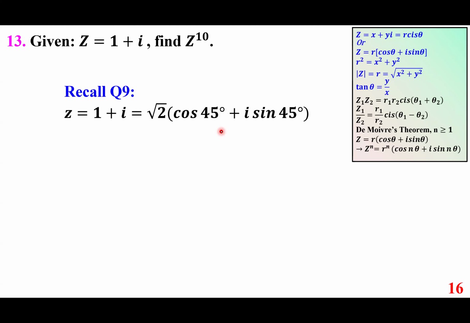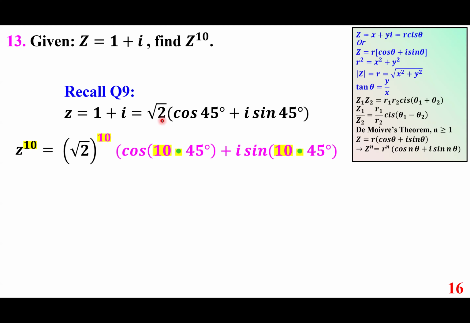But now we have a chance to raise this to the power of 10. So if I want to raise this to the power of 10, I'm going to use De Moivre's theorem: square root of 2 to the power of 10, and then 45 times 10. I'm going to raise this one to the power of 10, and I'm going to multiply 45 degrees by 10.